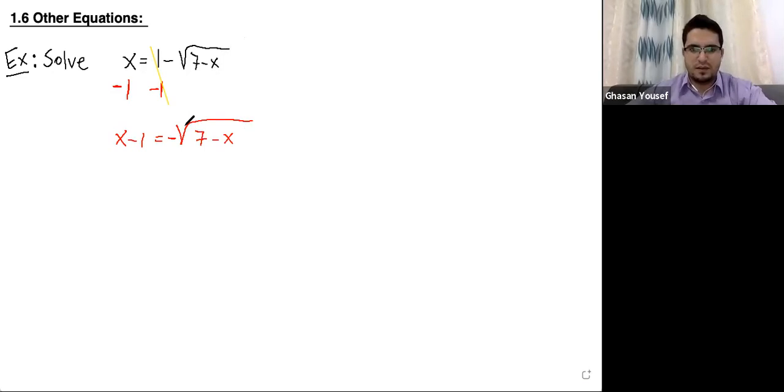Now the second step is to square both sides. Why? Because when I square both sides, I will cancel the square root, I will cancel the radical. So the best thing now is to square both sides.